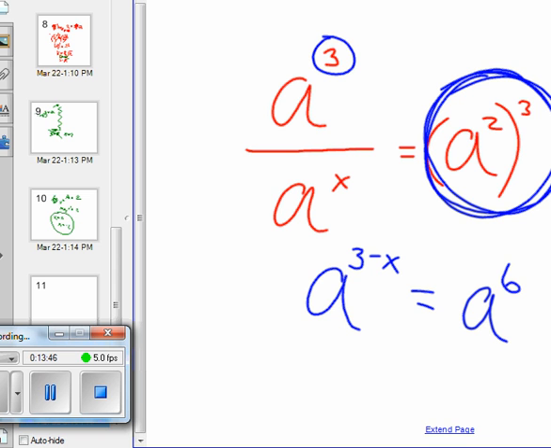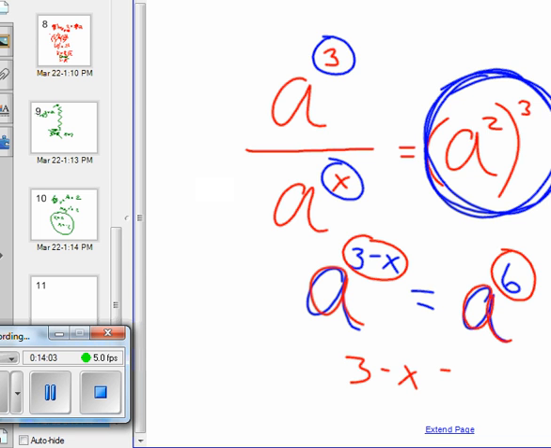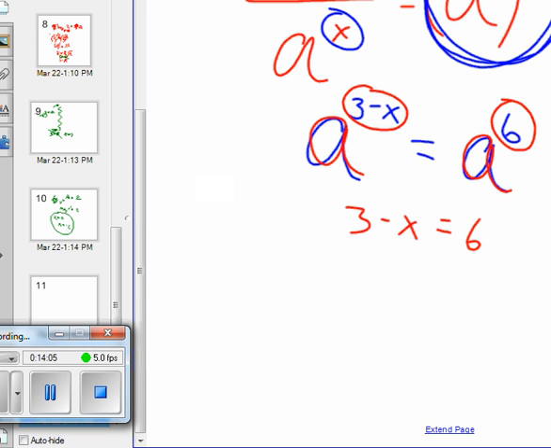Do you get that you subtract in this kind? So we subtract, 3 minus x. Now, why was it smart to do that? Because now this is the same as this, and that means this has to equal that. 3 minus x has to equal 6.